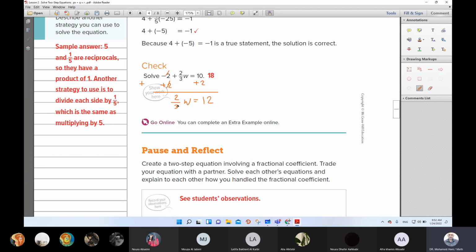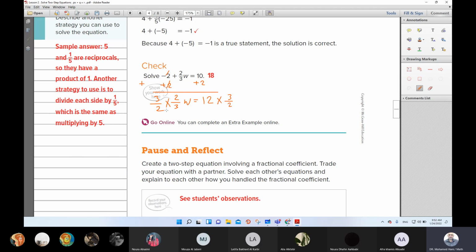Now we want to remove the coefficient. Always remember, if you have a fraction coefficient, multiply the two sides by the reciprocal of this fraction. What is the reciprocal of 2 over 3? It will be 3 over 2. So multiply this side by 3 over 2 and multiply this side by 3 over 2.